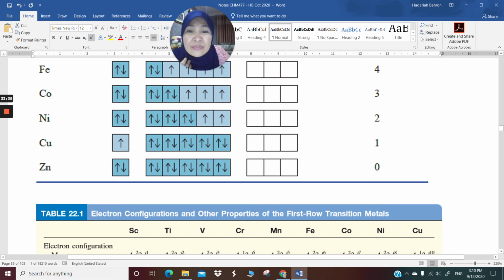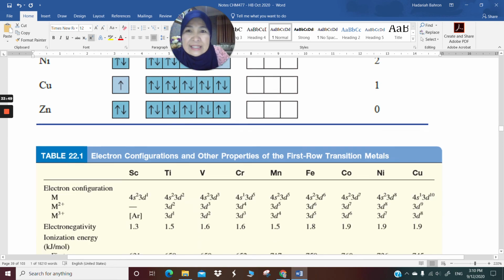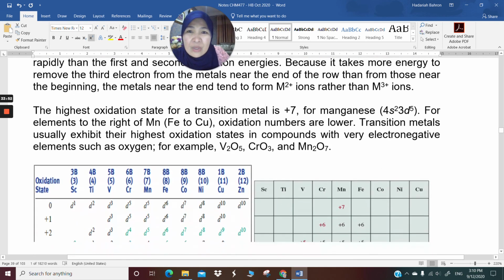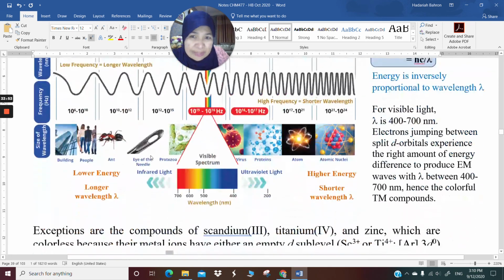When all of these orbitals are full with electrons, then no electrons can move because it is full already, no room for movement. So that is why zinc compounds are always white.